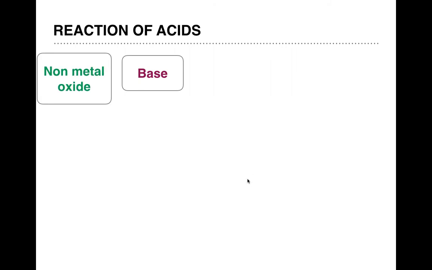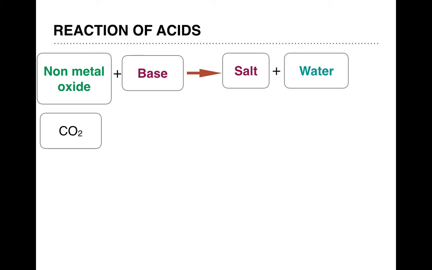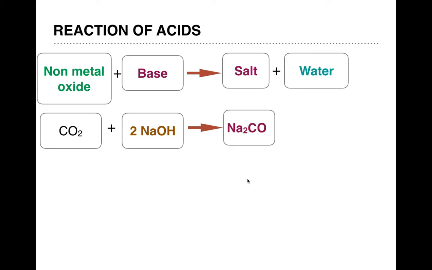Non-metal oxide plus base, it will produce salt and water. So non-metal oxide means CO2, carbon is non-metal, so CO2 is non-metal oxide. Take any base, 2NaOH, sodium hydroxide we have taken for reference. So you will get Na2CO3, sodium carbonate, that is a salt, and water.